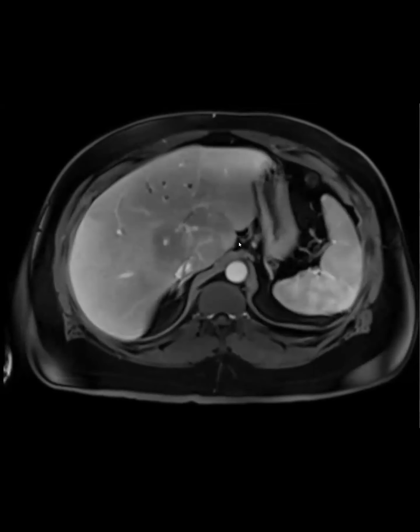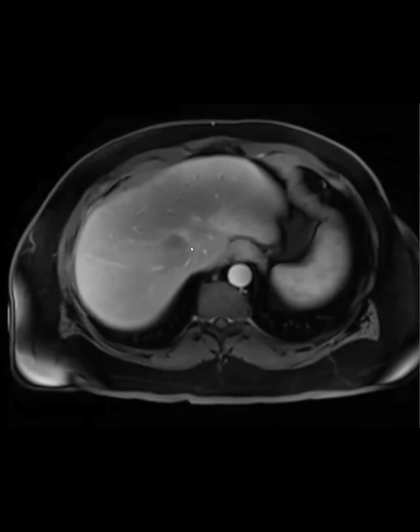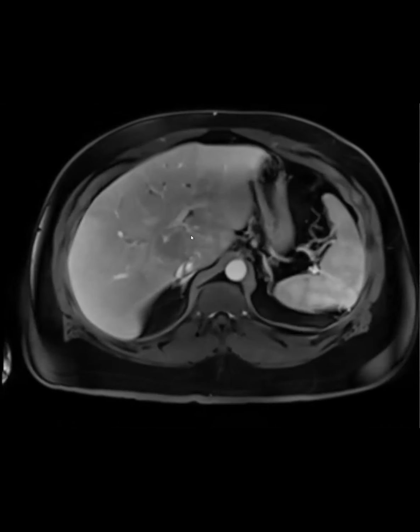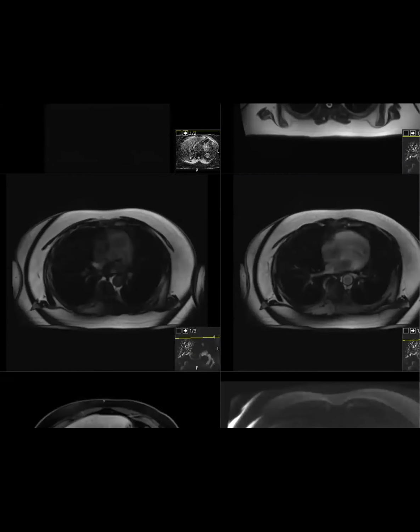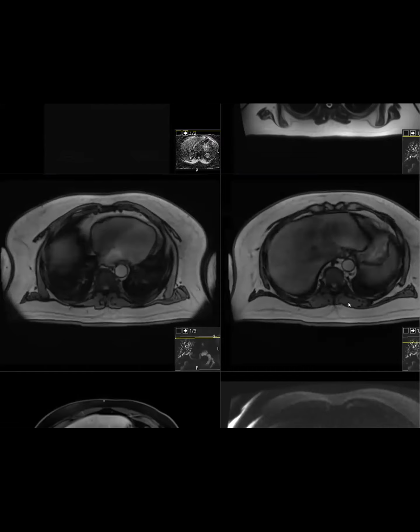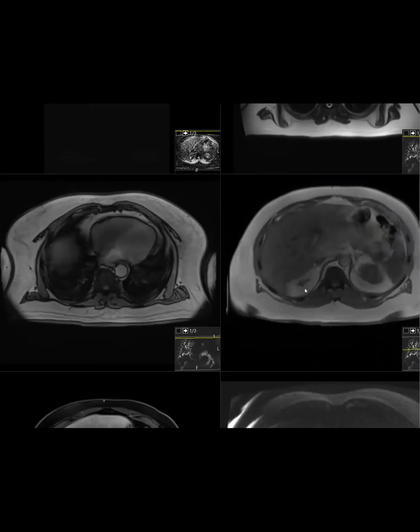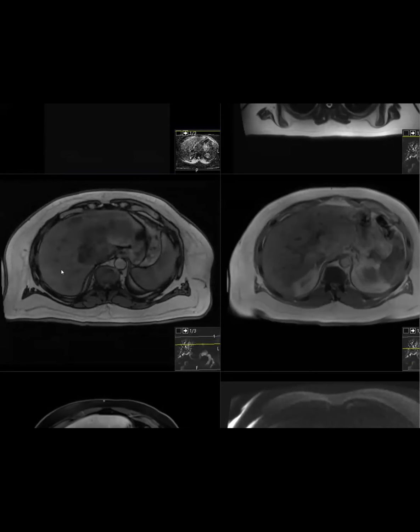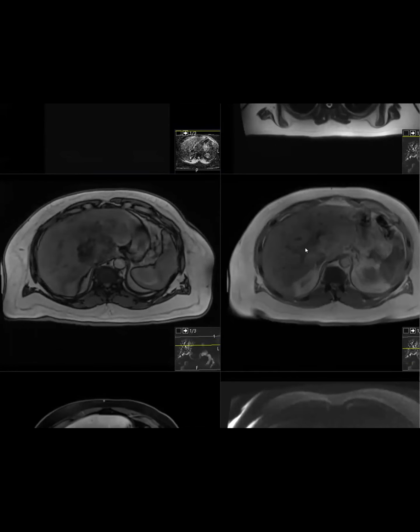It has vessels going through it. That's a really nice appearance for focal fat. Other things that can do that are breast cancer mets and lymphoma, but we go to the in and outs and we can exclude that it's anything like that. This is the in and outs. The liver has fat in it, but there's more focal fat deposition in that area there.